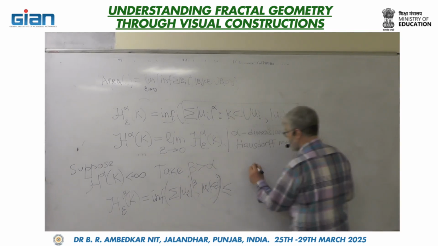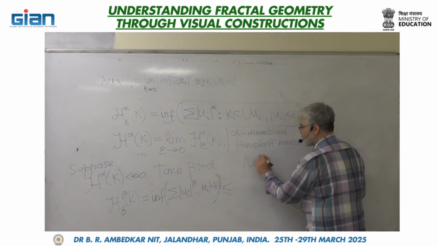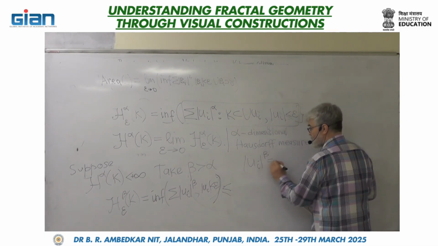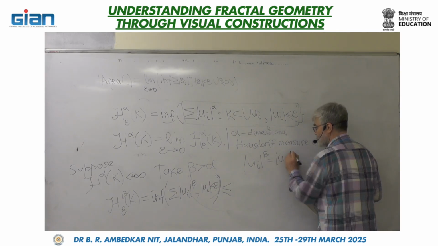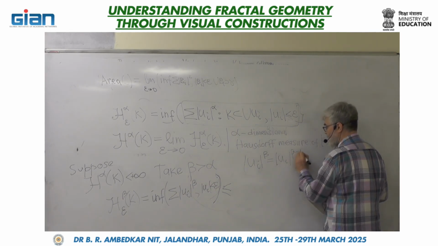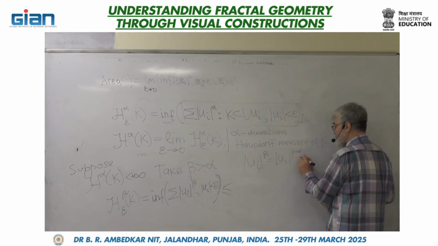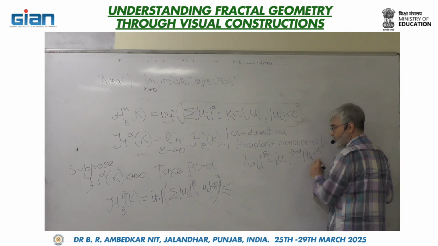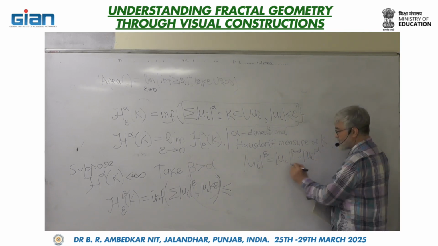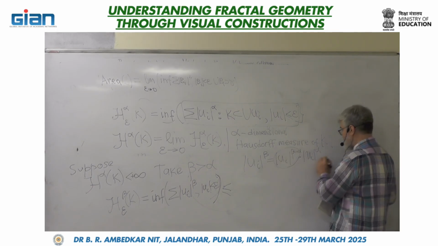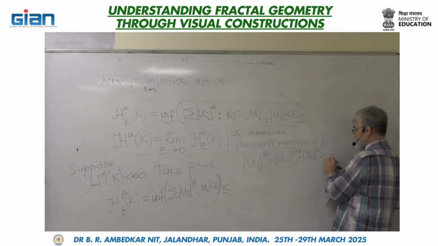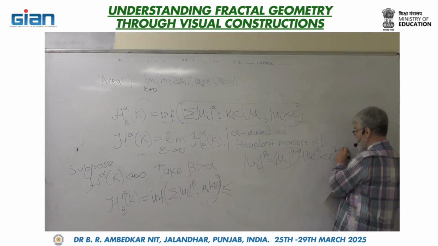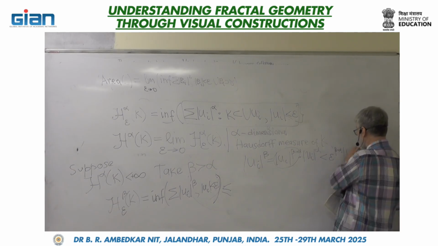So you see, U_i to the power of beta is U_i to the power of beta minus alpha multiplied by U_i to the power of alpha, right? And this is less than epsilon to the power of beta minus alpha multiplied by U_i to the power of alpha.